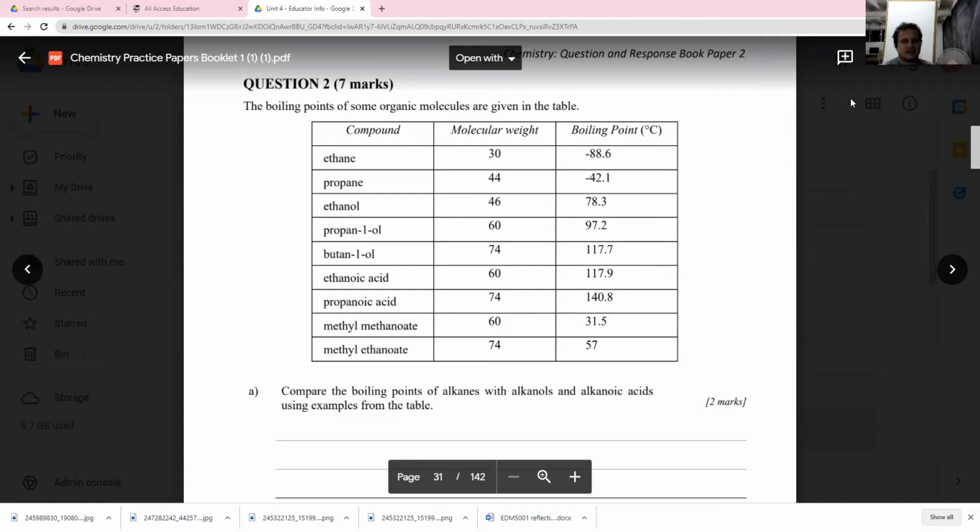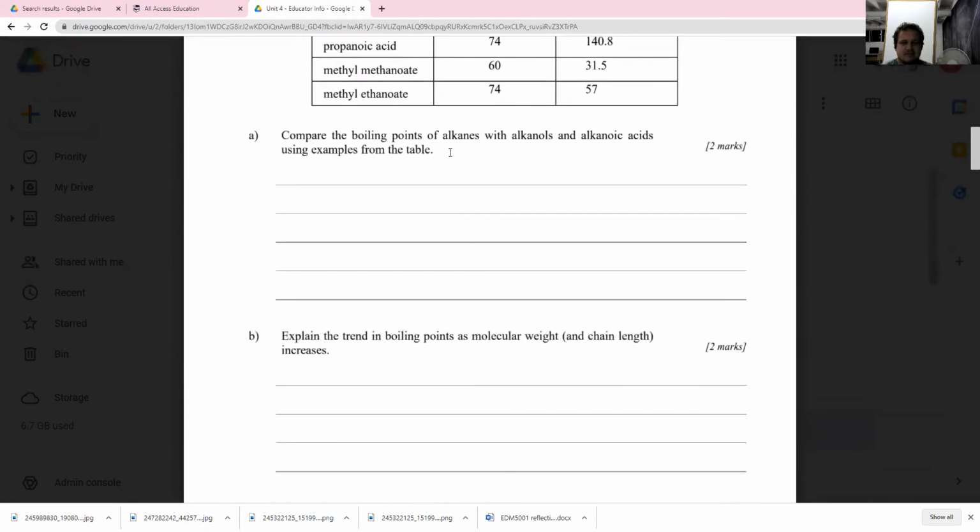Carboxylic acids having the highest. So if you were sequencing this answer, you would write that. Then you would state also within the functional groups, as you increase the length of the carbon chain, you get an increase in boiling point as well. So that is how you would get 2 marks for that question. You don't need to go into the analysis.